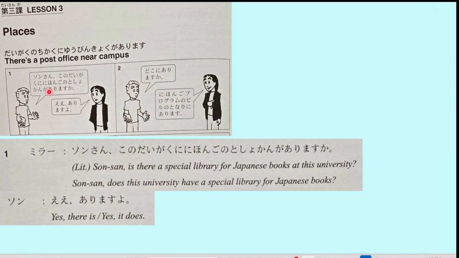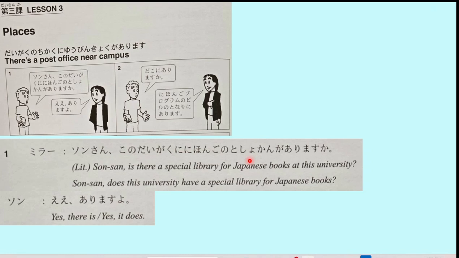Now let's see what that means. In the first block we had Son-san, この大学に日本語の図書館がありますか？ この大学 means this university. Nihongo no toshokan, toshokan means library. Nihongo no toshokan means Japanese library, that is a library for Japanese books.